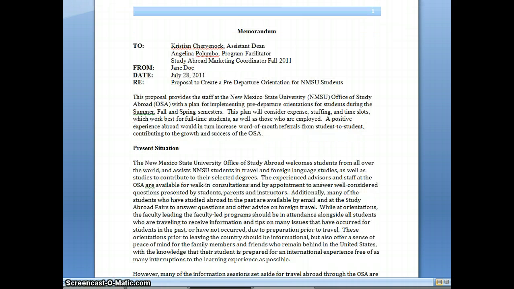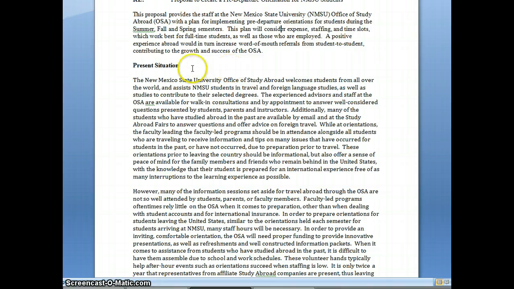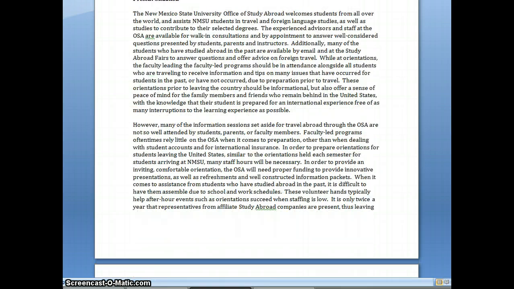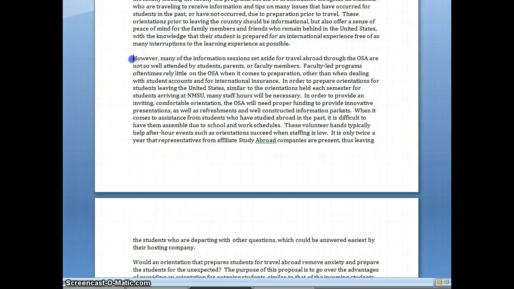Now if you look, it starts with an introduction, and then she used the categories present situation, which is really the start of the problem section. And in this problem section she lays out the ideal side here in the first paragraph. Then she joins the ideal situation with the reality, which is the problem.